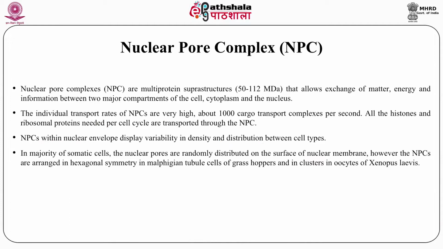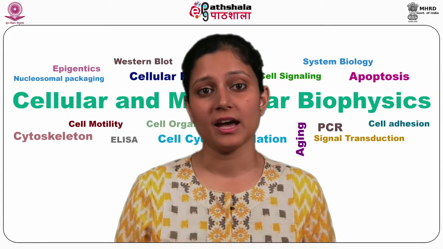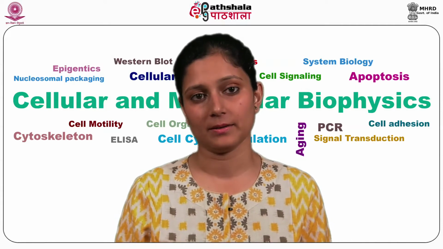NPCs within nuclear envelope display variability in density and distribution between various cell types. In majority of somatic cells, the nuclear pores are randomly distributed on the surface of nuclear membrane.